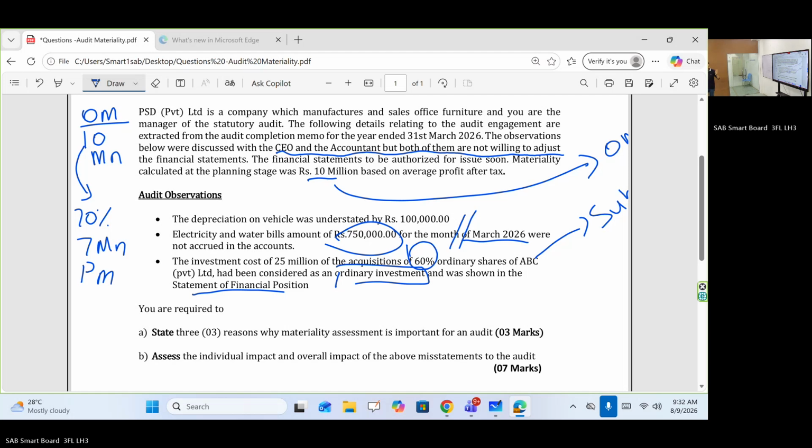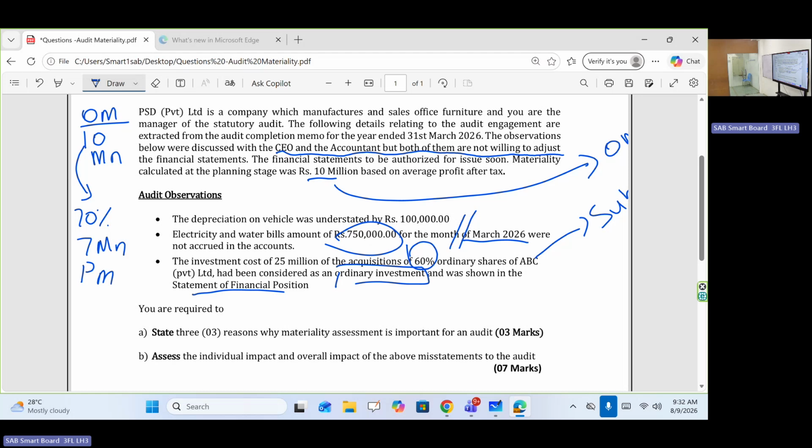Third, by giving this type of example, what type of audit opinion you will give can also be asked. After discussing audit opinion, in the exam, 3-4 scenarios will be given, and you will be asked whether it will lead to a qualified or adverse or disclaimer or clean opinion. That type of question can also be asked.